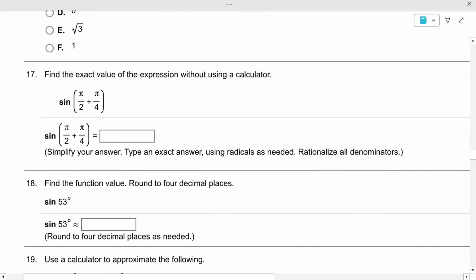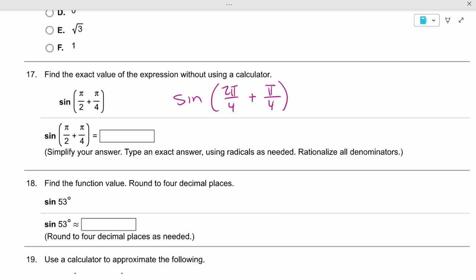Okay, the sine of pi over 2 plus pi over 4. Get a common denominator. What over 4 is pi over 2? 2 pi over 4. So this is a sine of 3 pi over 4. And so if we multiply by 180 over pi, this is a sine of how many degrees? How many degrees is 3 pi over 4? 135 degrees.